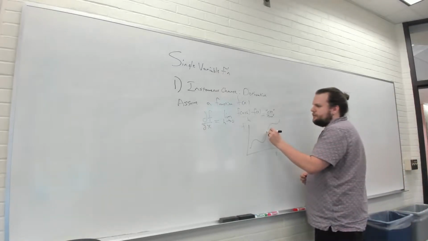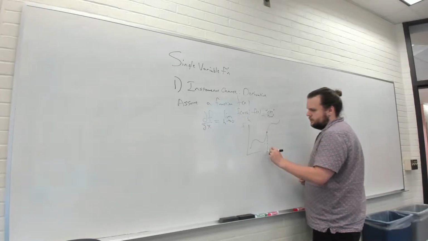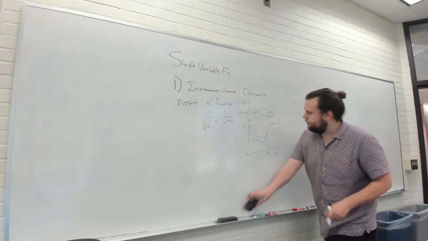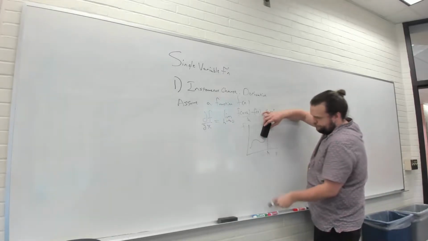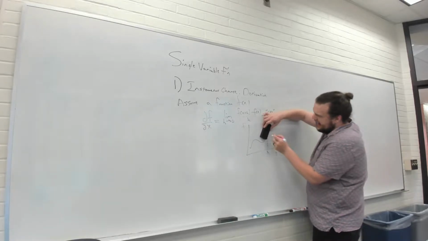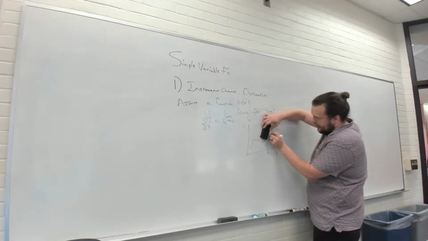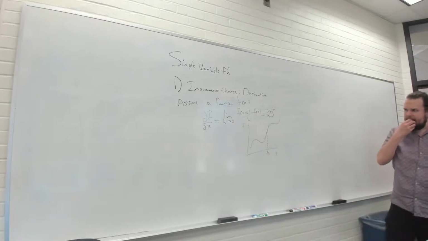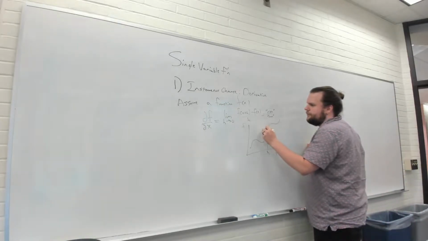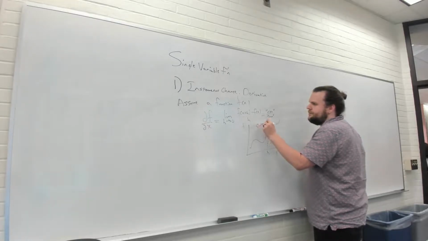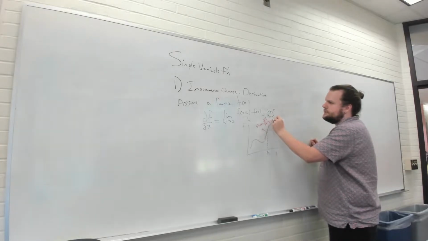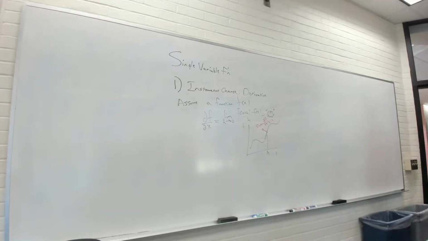If we pick a specific point, call it x sub i, and we calculate the derivative at the point, and draw a line tangent to that curve, the slope of this line is df/dx evaluated at the point x equals x sub i. That's the instantaneous change of the function, right?